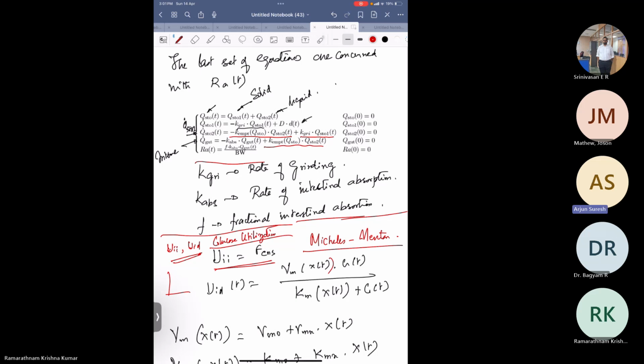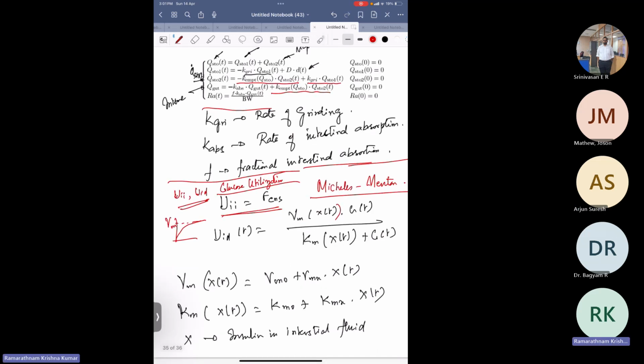It asymptotically approaches. Brilliant. That's it, right? So what is this value? VM, the maximum value. Very good. Excellent. So then the VM itself is a function of X. That is the glucose present, or sorry, insulin present.